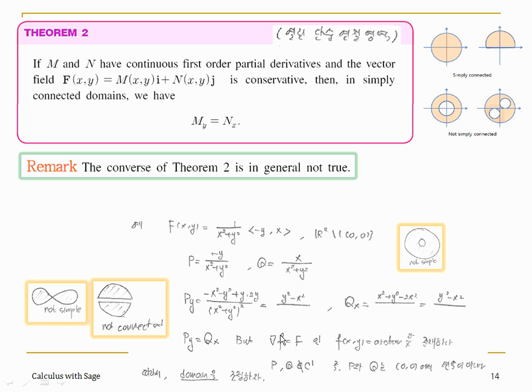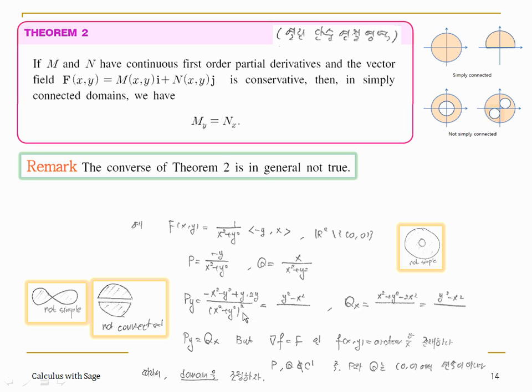But this F is not conservative. This is an example which satisfies the condition but is not conservative, because this function is not defined on a simply connected domain.